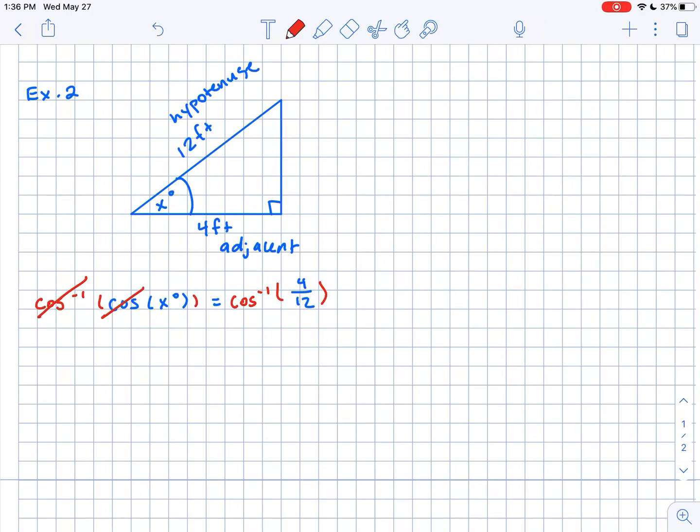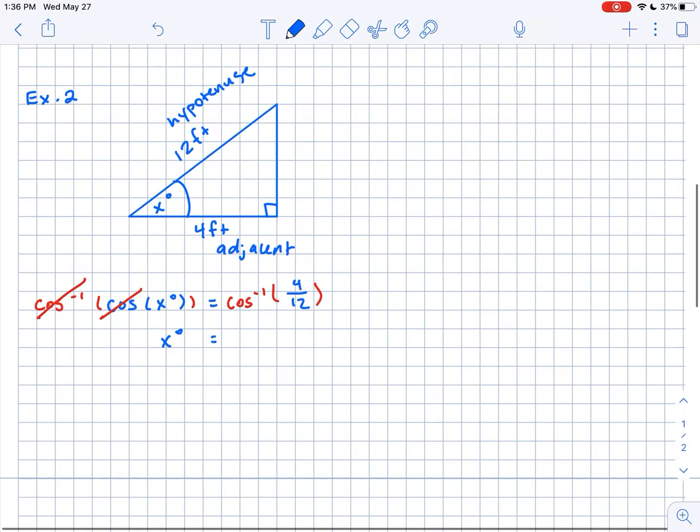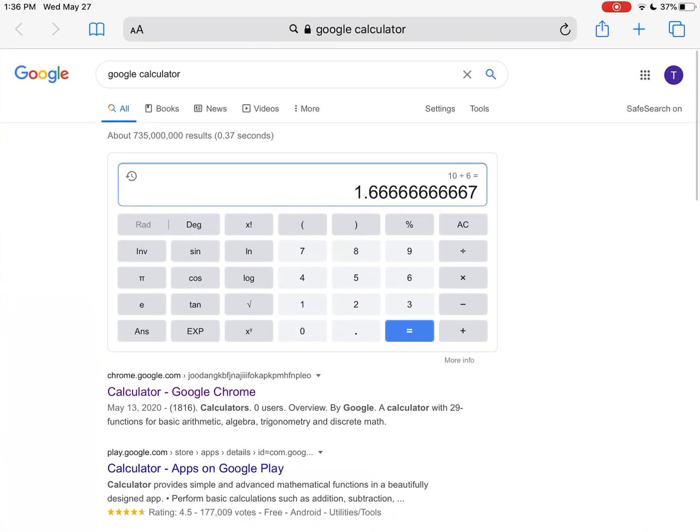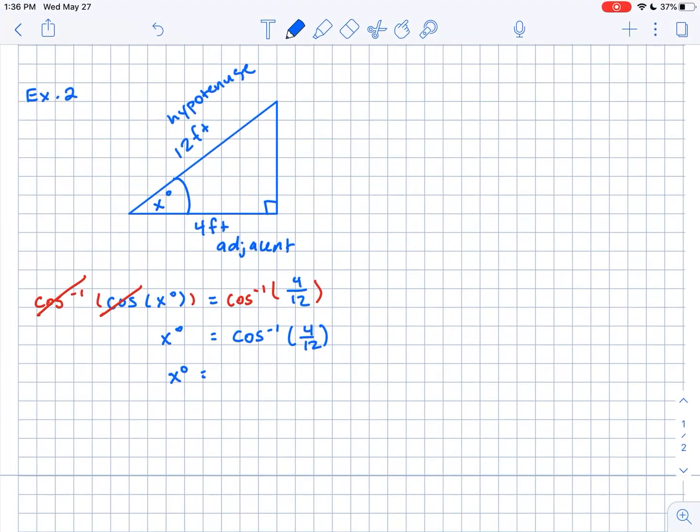And what that does is it's going to leave x by itself. So x is equal to the inverse of cosine of 4 over 12. So x degrees is going to equal the inverse of cosine of 4 divided by 12. And that gives me 70.53 degrees.